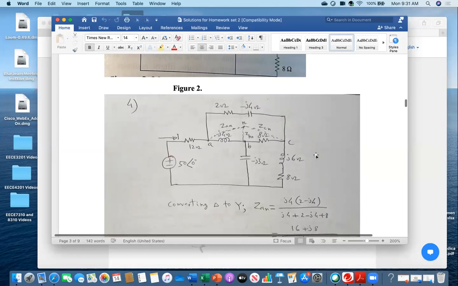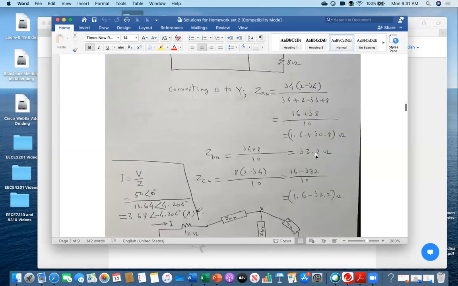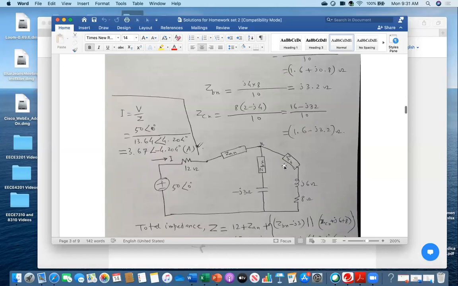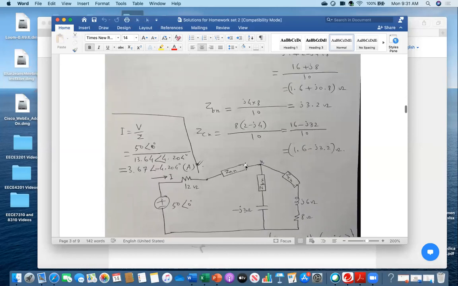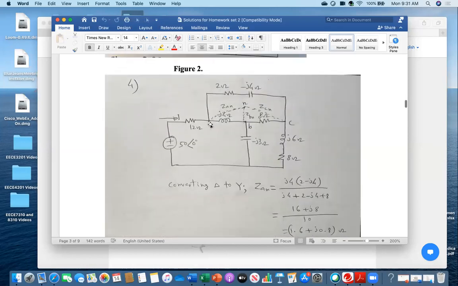So then see, once you do that, I have drawn a new diagram. I have that GAN. You look, my GAN was from this point to this point. I just gave a name, this point N, so I have given the name GAN to represent this one. So in this circuit, this is the source and then 12, and then I will be getting this one and this one, and this will remain as it is.